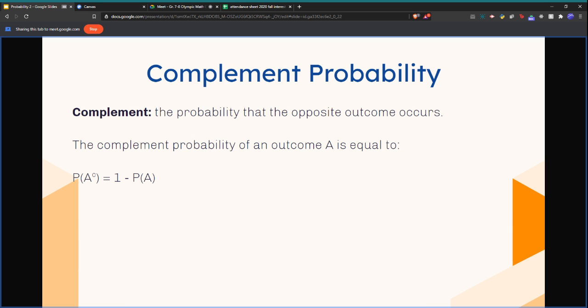So say I'm flipping one coin, what's the probability that I don't get heads instead of getting heads? The probability that I don't get heads is called the complement probability of the probability where you get heads when you flip a coin. Right? And the way you usually calculate complement probability, so say you're calculating the complement probability of outcome A, this would be equal to the following.